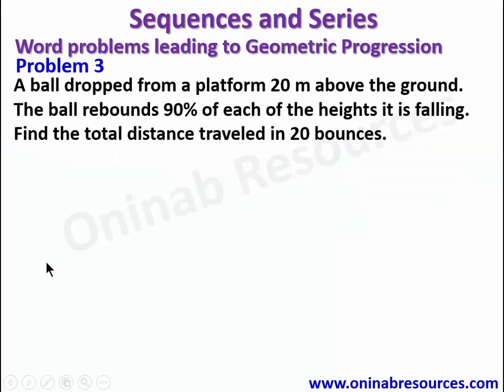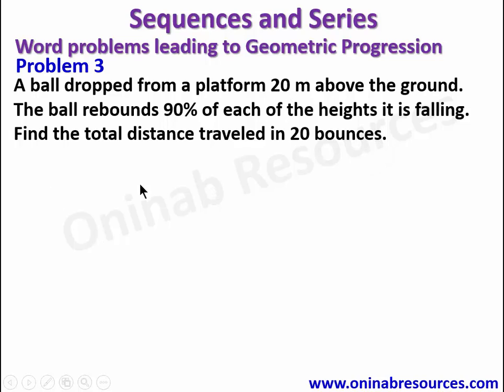We go to problem 3. A ball dropped from a platform 20 meters above the ground. The ball rebounds 90% of each of the heights it is falling. Find the total distance traveled in 20 bounces.